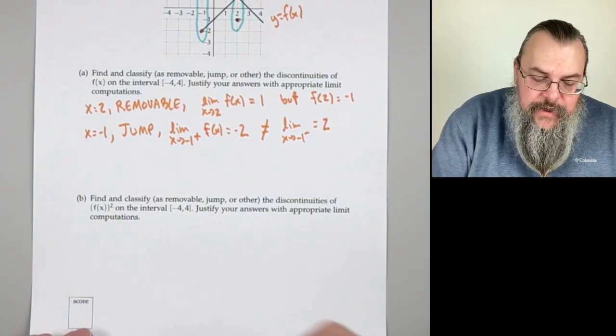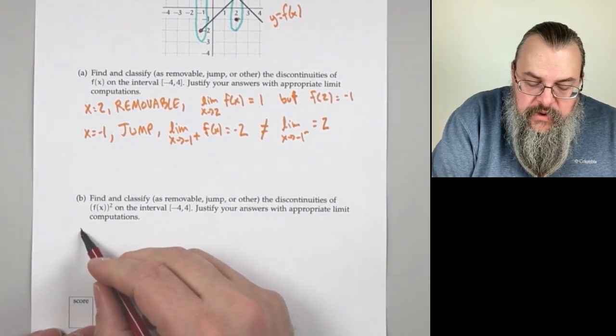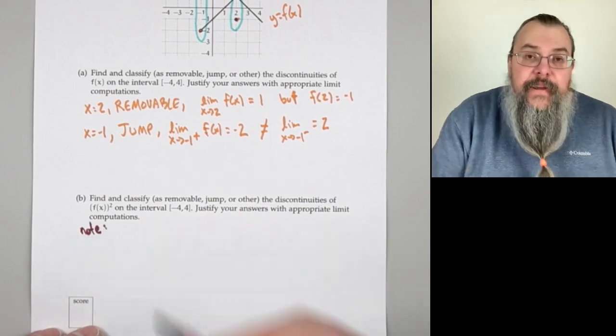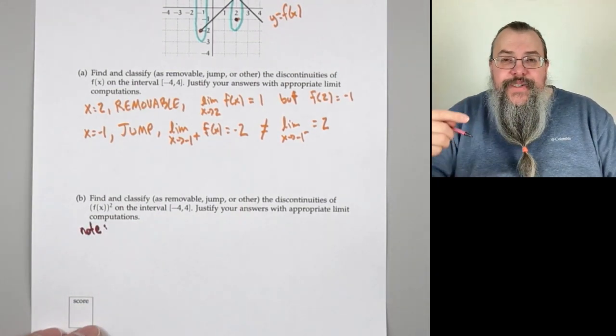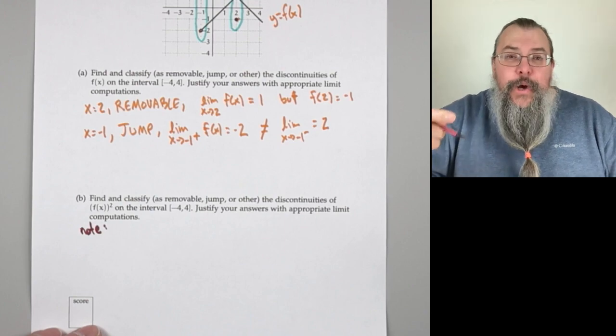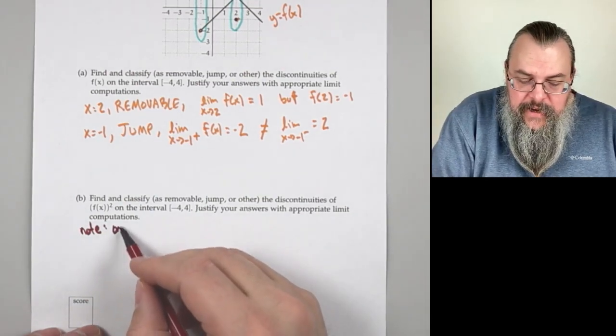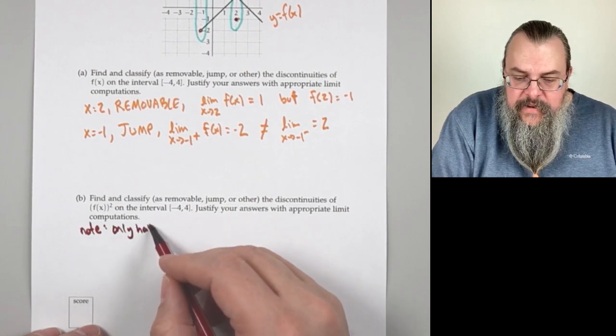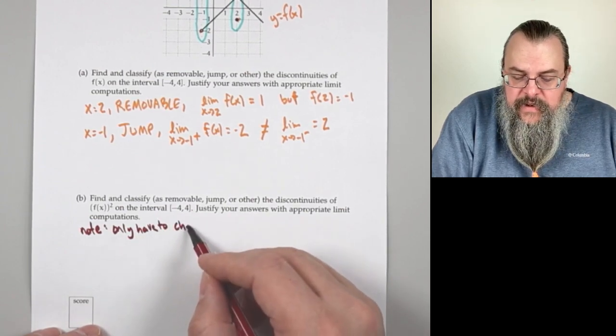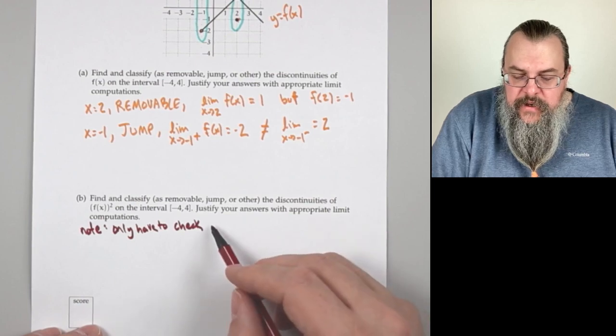Now, we can put a little mental note: since f of x will be continuous, f of x squared will be continuous wherever f of x is continuous. So we only have to check answers from part A.